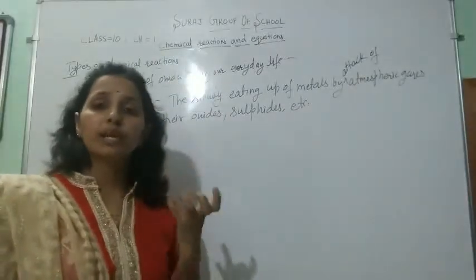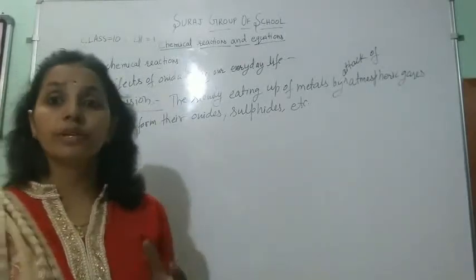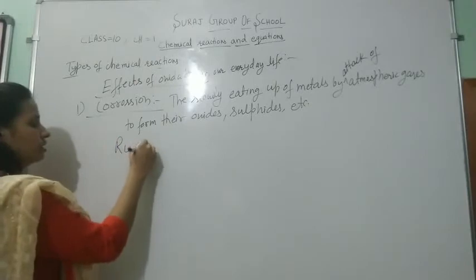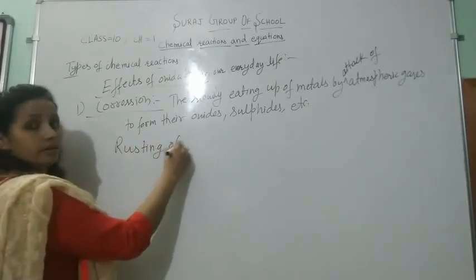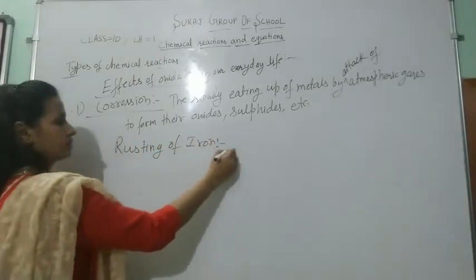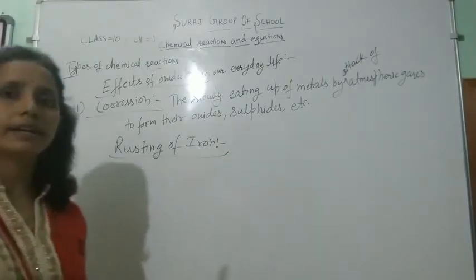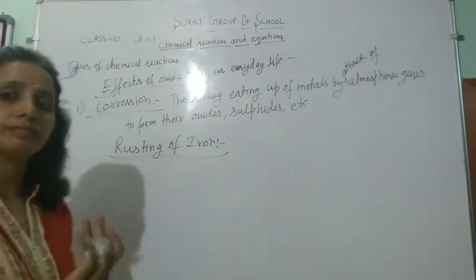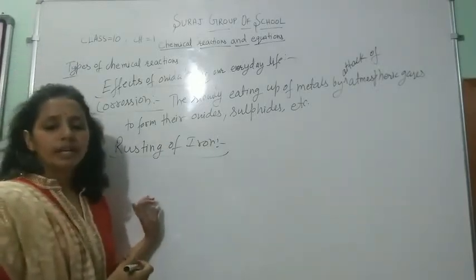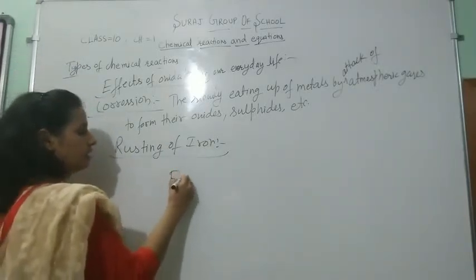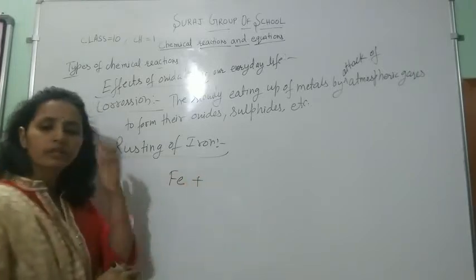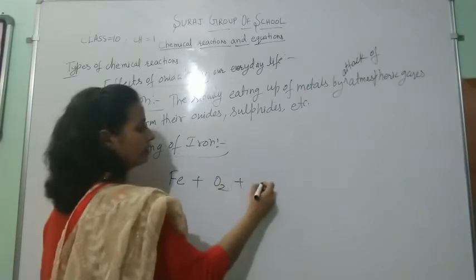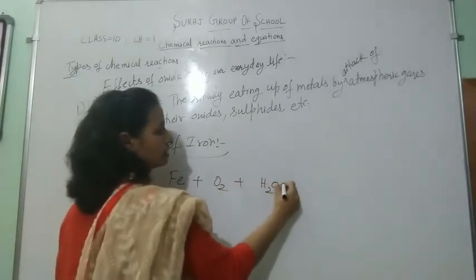The most simple example of corrosion in our day-to-day life is rusting of iron. We can take the reaction for this. Iron reacts with atmospheric oxygen and moisture, water.